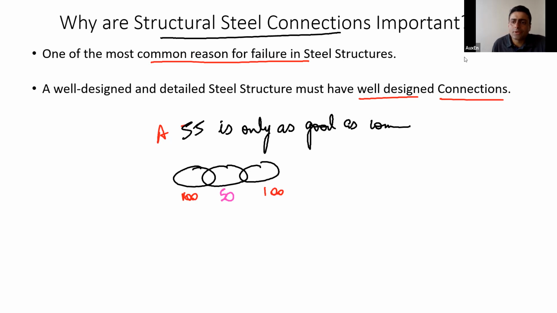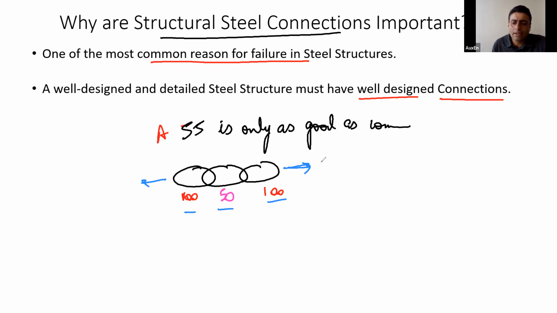Now if I decide to pull it by some force, how much can this chain link bear? These unit numbers that I have written are the force resistance capacities of the individual links. If I decide to pull this chain link, at what external force will it break?